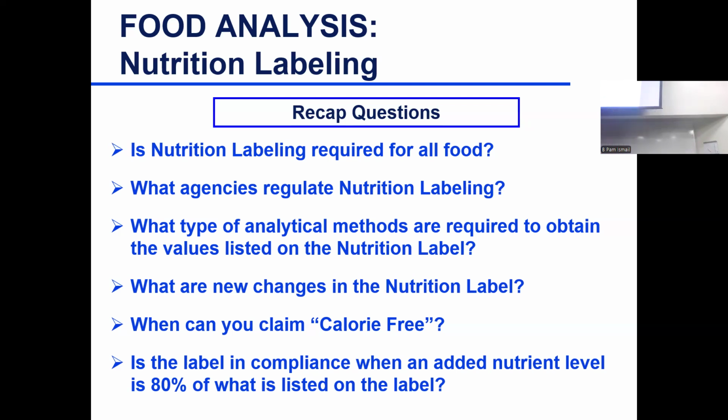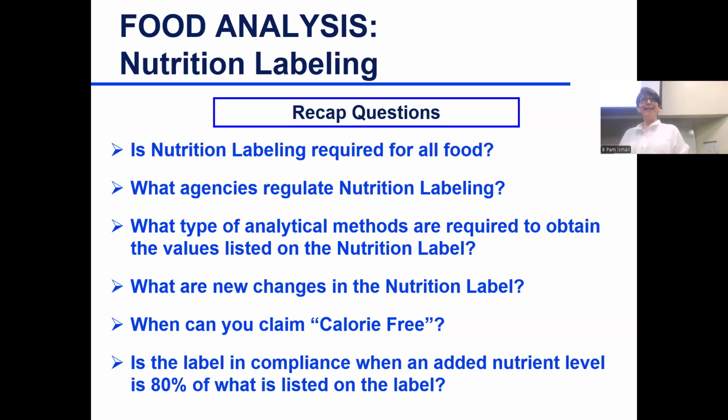Yes, when you're adding a nutrient, you're fortifying, you have to claim the exact amount or higher. If it's a natural component, like total fats, already a natural component, it's okay. Well, actually, fat, calories, and sugars should not be more than 120% of what the label says. So everything bad should not be more than 120%.